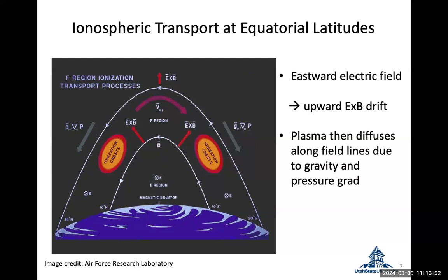And that's creating ionization crests on the north and the south side of the magnetic equator, called the equatorial ionization anomalies, or the Appleton anomalies. So this is a very important process in the ionosphere, driven by the electric field.